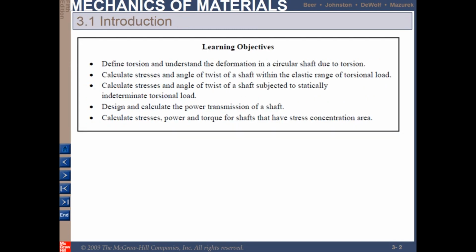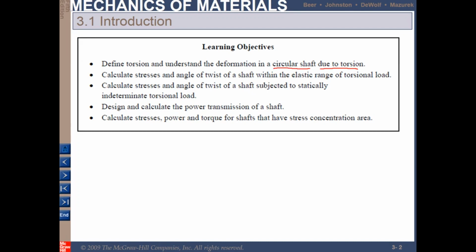The learning objectives for this chapter: at the end of this chapter, student should understand the concept of deformation due to torsional load in a circular shaft.